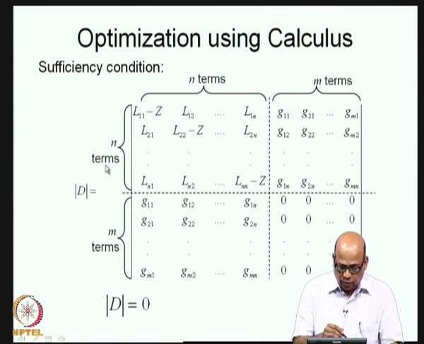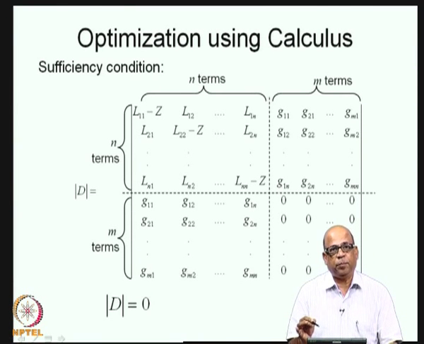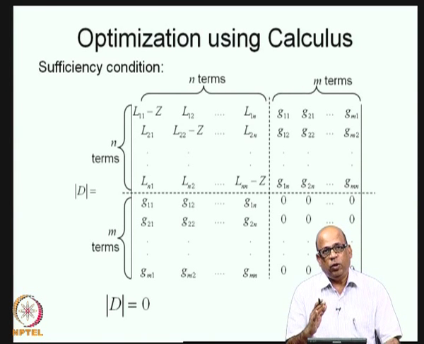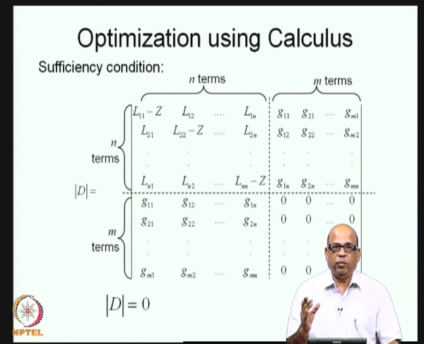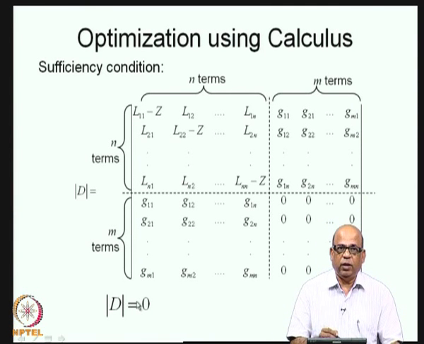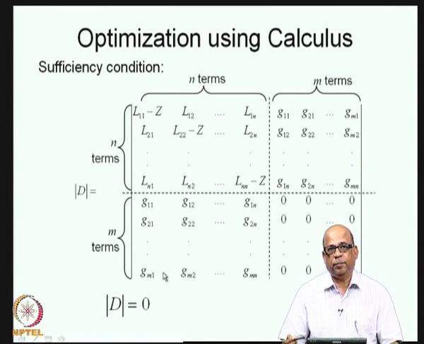So, this is the way we formulate the determinant d, and we evaluate the determinant d at the stationary point x star lambda star. Remember, we have determined x star lambda star by solving the n plus m equations. We then equate the determinant d, evaluated at x star lambda star, to 0.